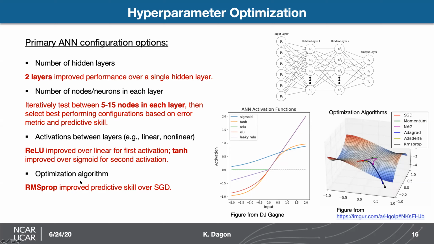Optimization algorithm has also been mentioned. I believe Karthik showed this image in the lower right during his talk, to compare these different optimization algorithms where you're searching for the best fit, you're searching for the minima. What I found for my particular case is that an adaptive learning rate method called RMSprop improved the predictive skill over the traditional stochastic gradient descent.